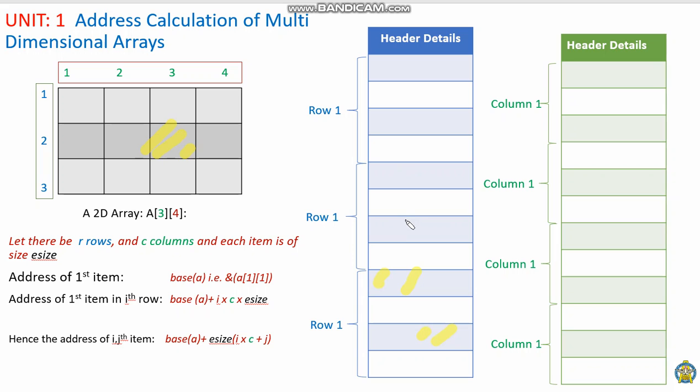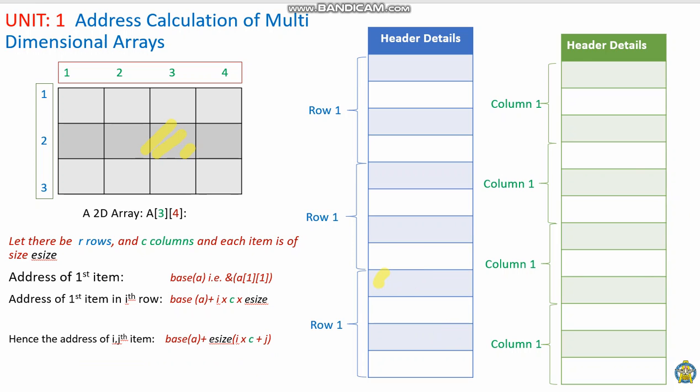So I rows of C items, then I need to go j more items. That means I rows, so it comes here, then to reach here I need to go j items. So the address of the jth item would be base address, the starting address of the first item, plus I times C plus j, and each of E size. So E size into (I into C plus j). This gives you the address calculation for an i, jth item in the two-dimensional representation of an array.